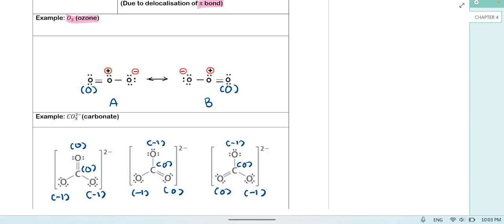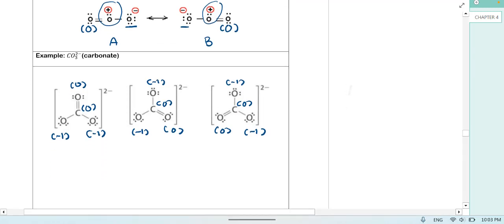Same goes to structure B. On structure A, we have oxygen with formal charge positive 1, same goes to B. And on structure A, we have oxygen with negative 1, same goes to B. So A and B are two different structures. Both exist, and the amount of A and B is equal.